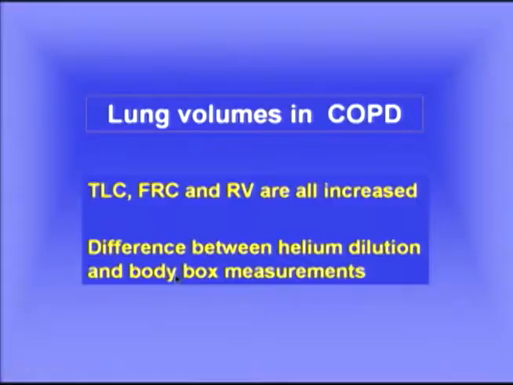But there may be obstructed airways here, or there may be airways where the rate of mixing of the helium is terribly slow because of uneven ventilation. And whereas the body box measures the total volume of gas in the lung, the helium dilution will give you a smaller number because not all the sections of the lung are communicating with the mouth.